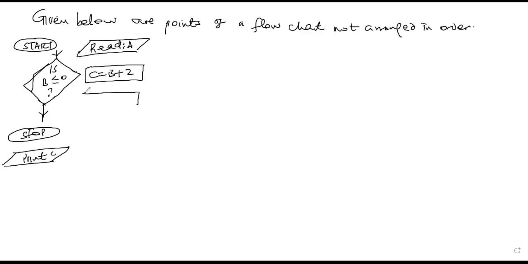Then we've got B, which is A minus 5. Then we've got A plus 1.